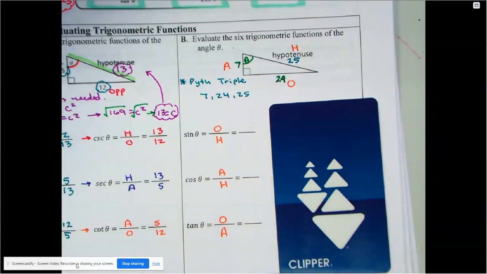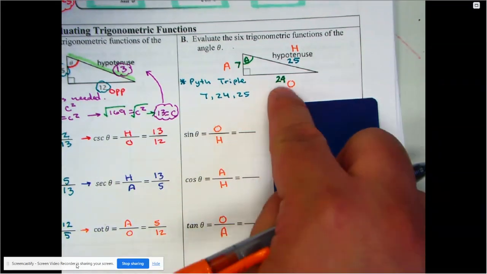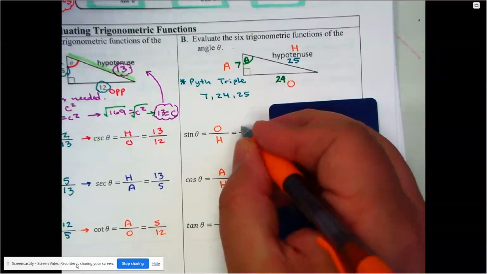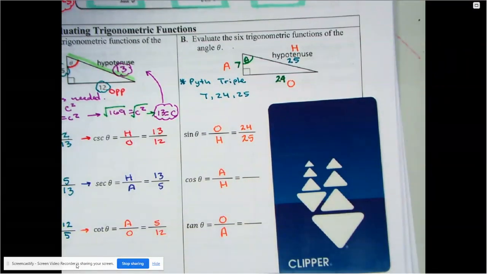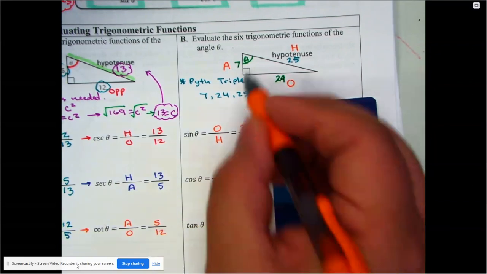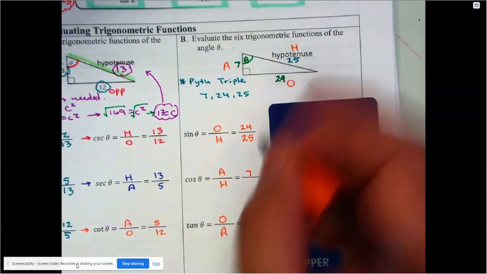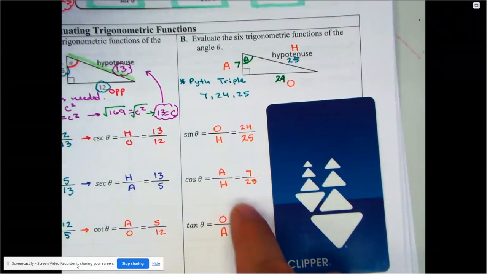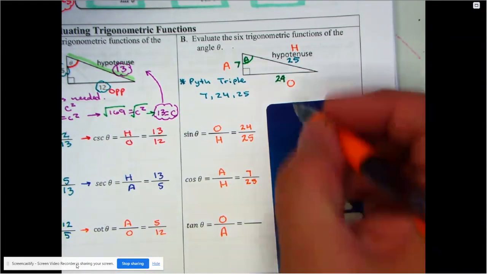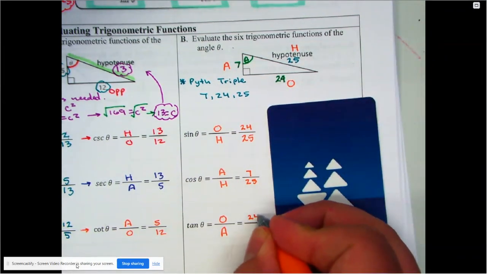Now I'm just going to put the numbers where they belong. O first, so sine is 24 over 25. I can't even reduce it, so that's good. Cosine, A over H, 7 over 25. Boom, perfect. Tangent, O over the A.